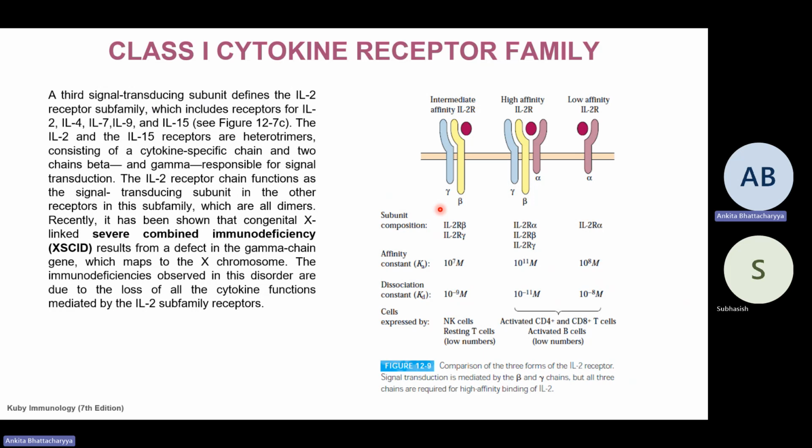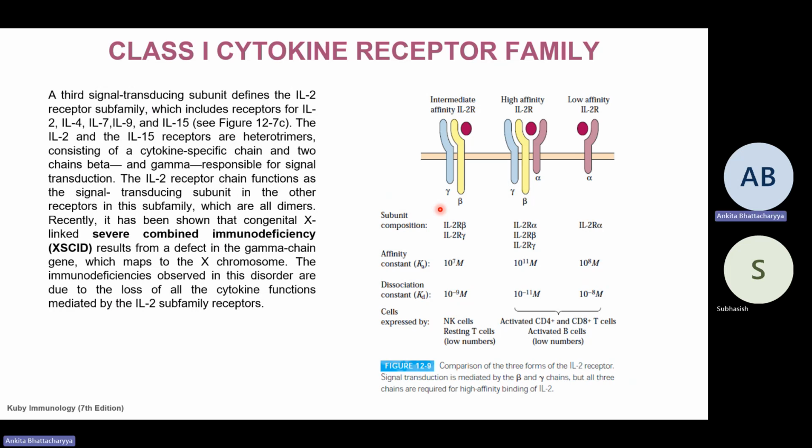So it can regulate the relative abundance of all of these different IL-2 receptor family subtypes, that is the low affinity, intermediate affinity, and high affinity form of the receptors, and then they can be studied in extensive detail.